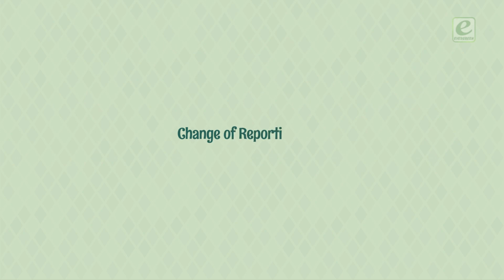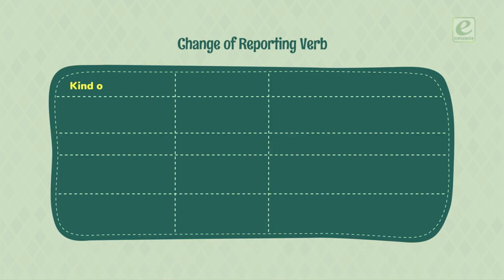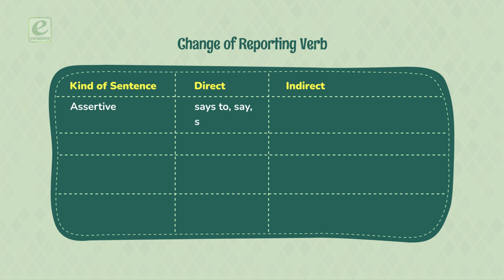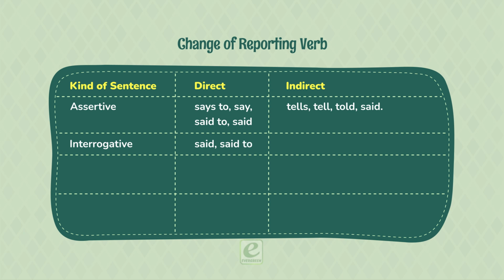Change of reporting verb. Kind of sentence: direct, indirect. Assertive: says to, say, said to, said; tells, tell, told, said. Interrogative: said, said to; asked, inquired, demanded of.